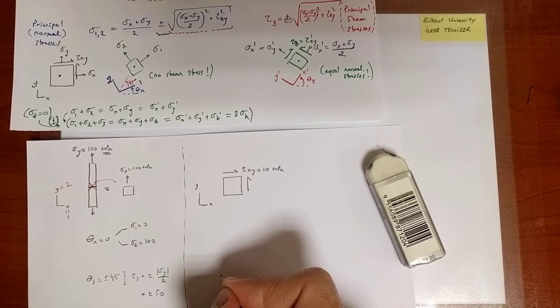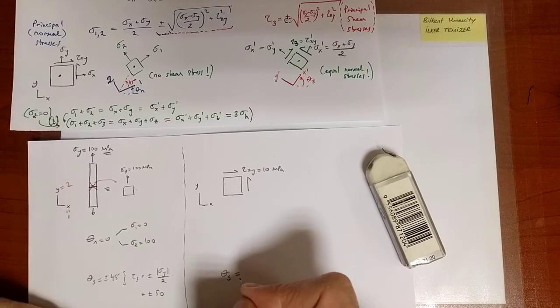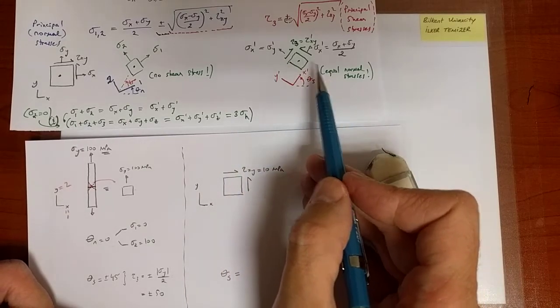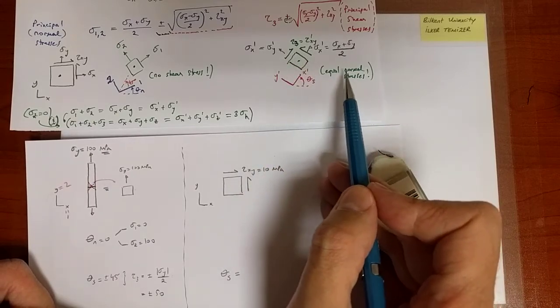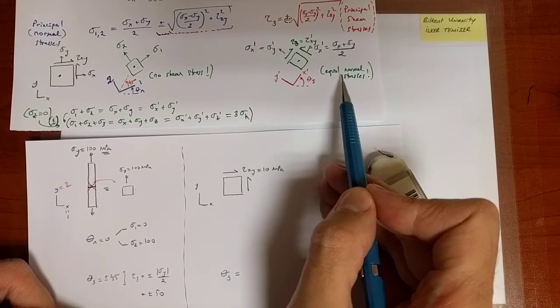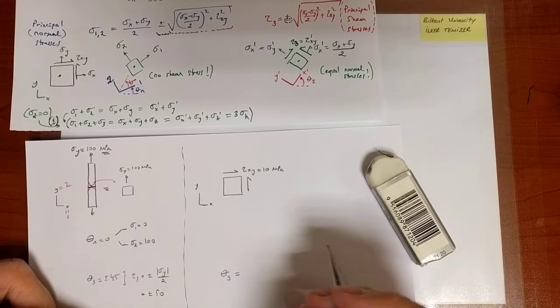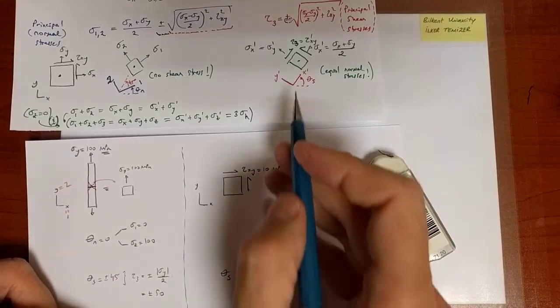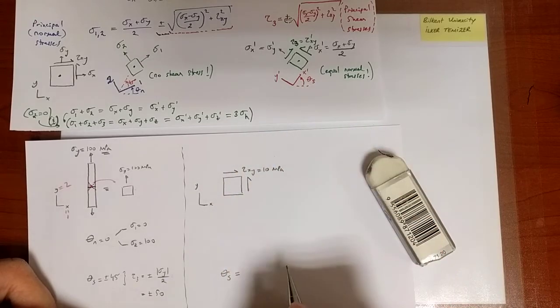What is special about it? If I go back to this picture, what's special is that the normal stresses are equal. This is one way you can deduce that this is a set of directions associated with the principal shear stress.